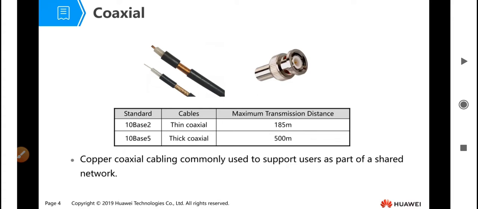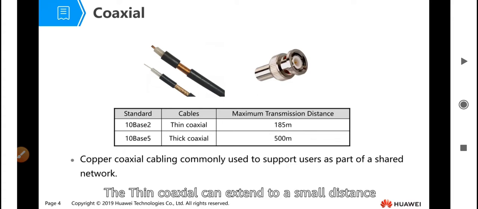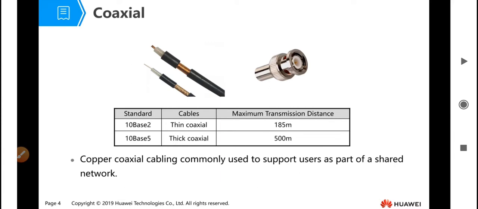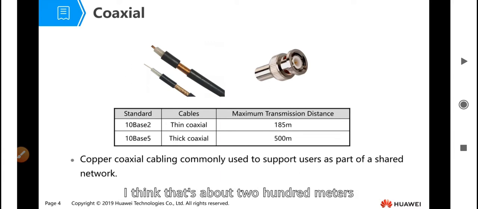The thin coaxial can extend a small distance, that's 185 meters, about 200 meters. And the 10Base5 can extend a longer distance, that's 500 meters.